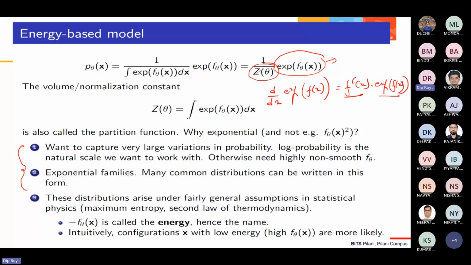Now let's talk about the core idea here. What we have been doing in autoregressive models or latent variable models is basically to cleverly combine normalized objects, essentially by putting restrictions on the neural network architecture so that we get a probability distribution which sums to 1.